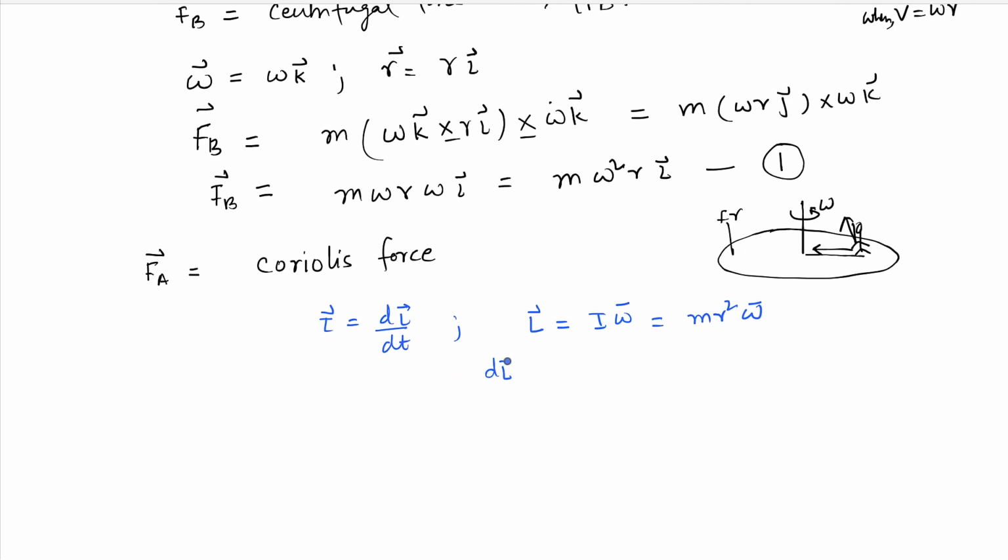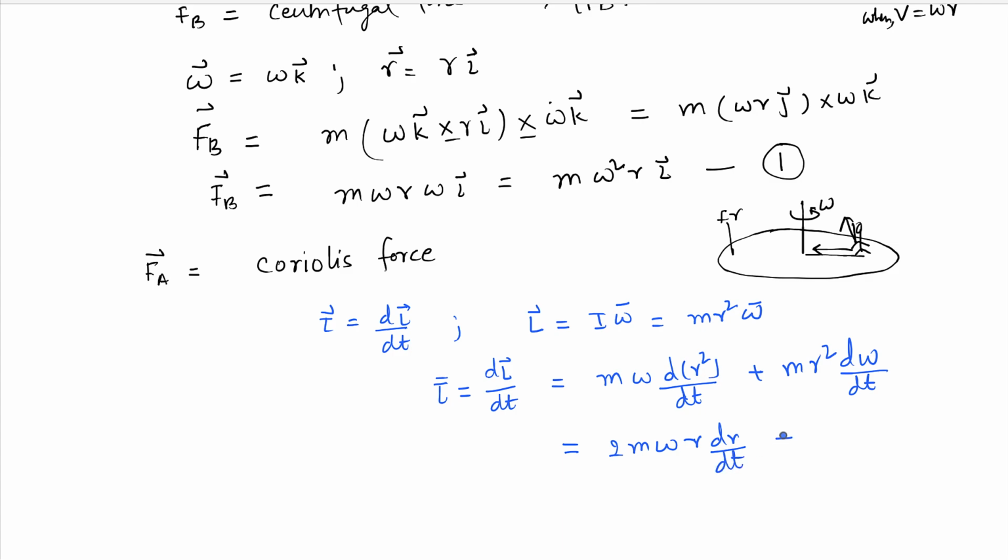Okay, dL by dt, because we need to compute torque, and that will be m omega d(r square) by dt plus m r square d omega by dt. So this is 2m omega r dr by dt plus m r square d omega by dt.